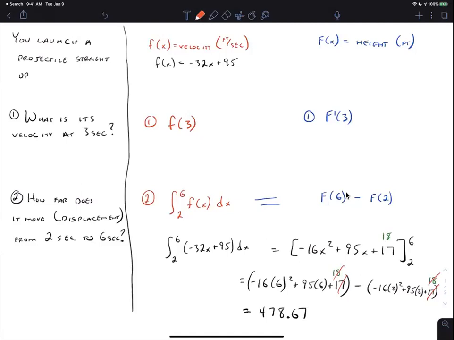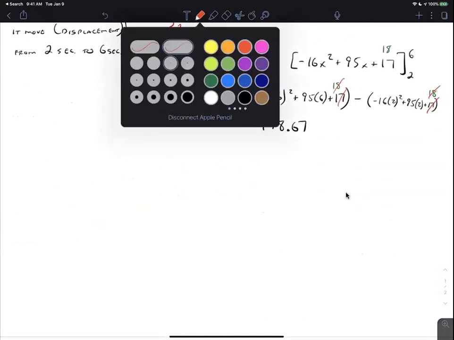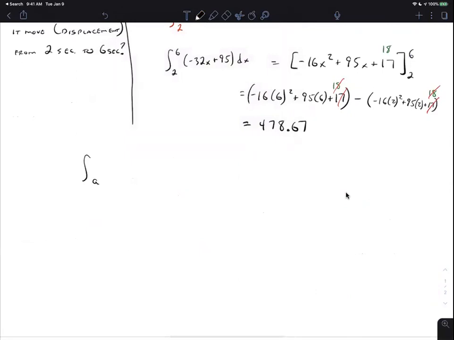And what it says is that if you're doing the integral from a to b of f of x dx, that's equal to capital F of b minus capital F of a if capital F is an antiderivative of little f.